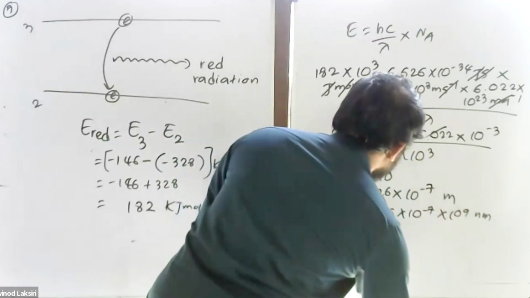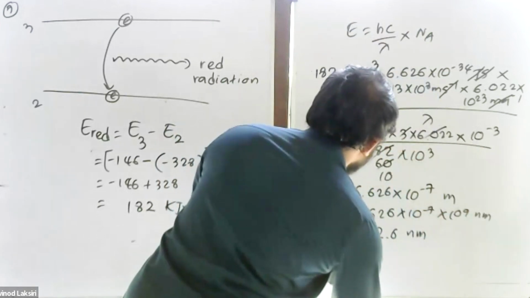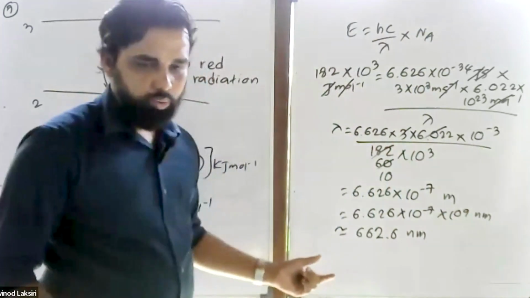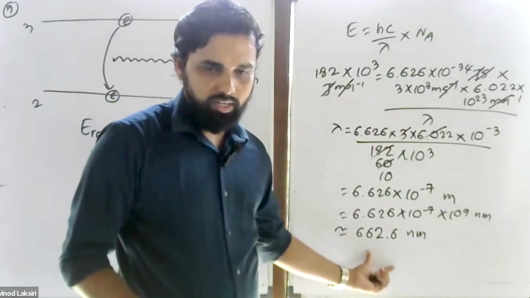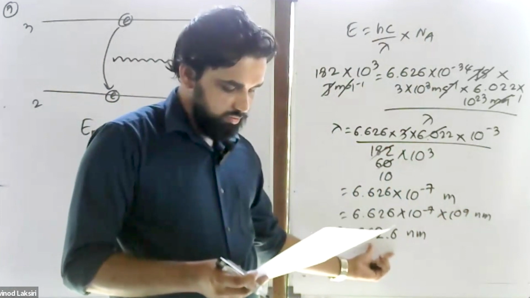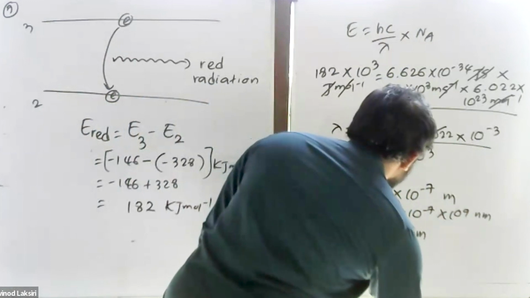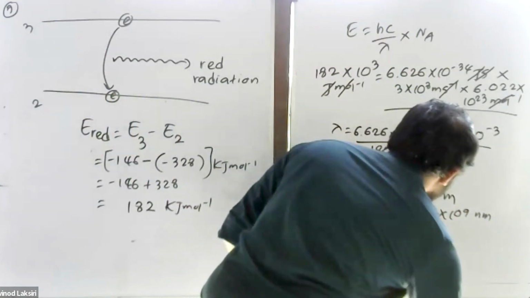That means 622.6 nanometers. It's a rough answer, that means the answer should be close to this one. Among these answers, what is the closest one? The first one, 658. Therefore, the correct answer is 658 nanometers.